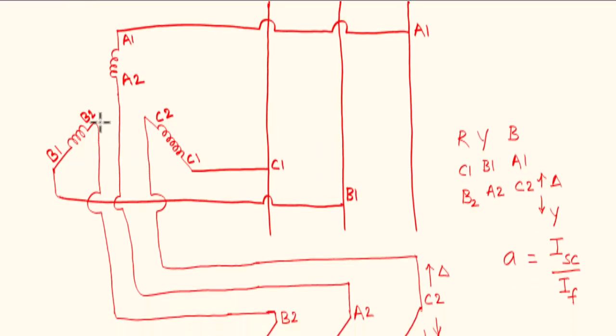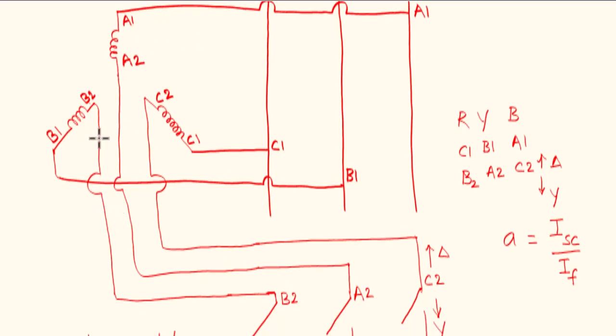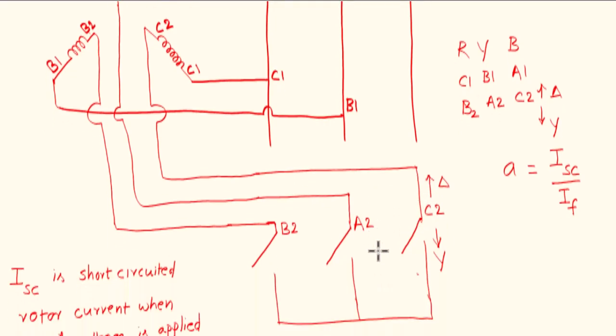The other side winding terminals, that is B2, C2, A2, are connected like this. So here is the star form. Initially B2 is connected to this, A2 is connected here and C2 will be connected here.